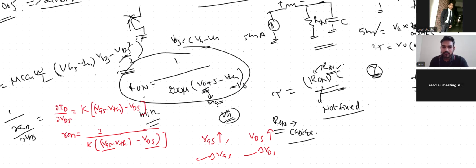Do you think that it will be constant? But you told one more condition there. If Vgs minus Vth is large, then you say we will ignore this Vds. That is fine also.